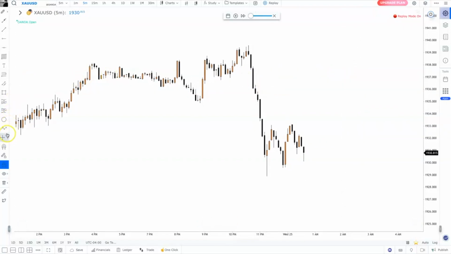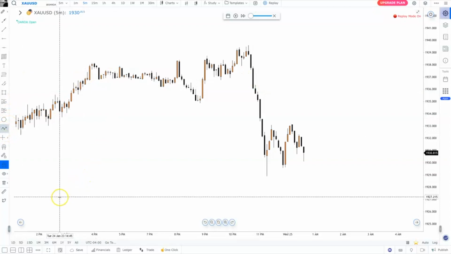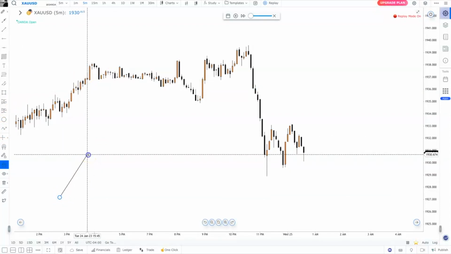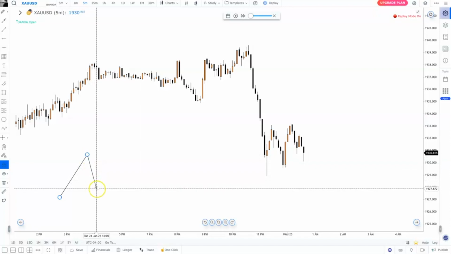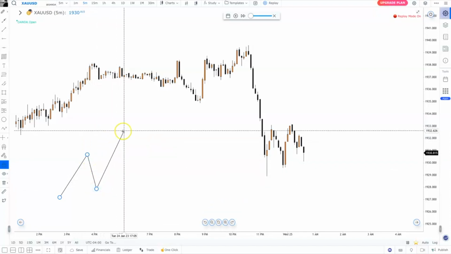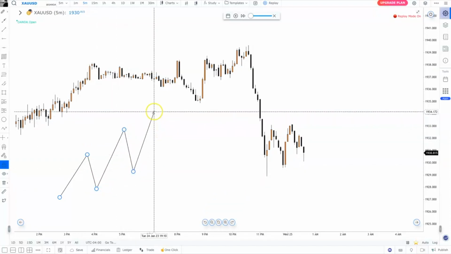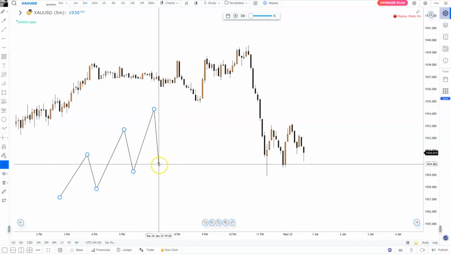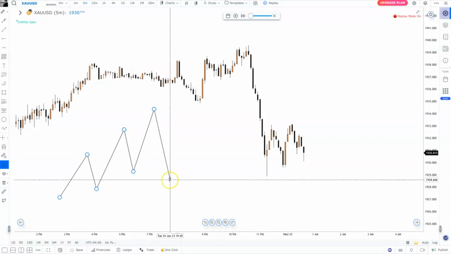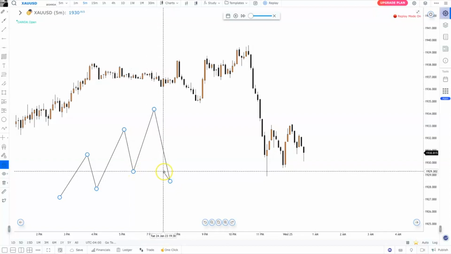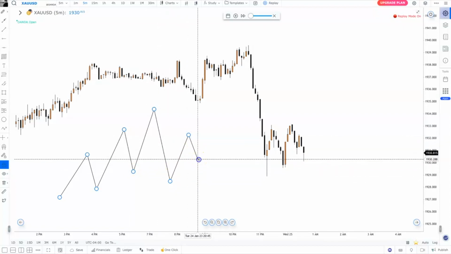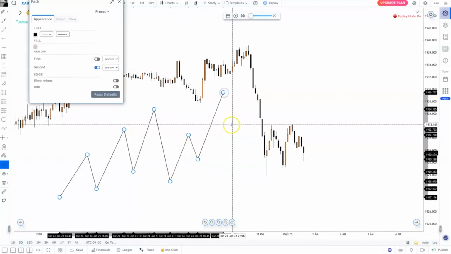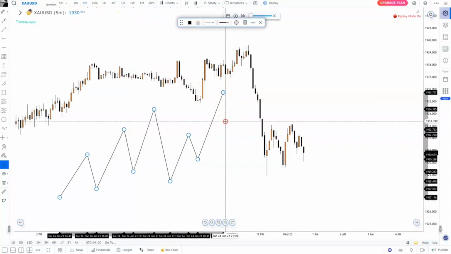In the previous video I was explaining fake change of character. For example, if the market is pushing up, we have an impulse and a correction, impulse, correction, impulse. Sometimes we get a big movement to the downside right here, apparently creating a change of character, but it ends up that the market actually continues going bullish.